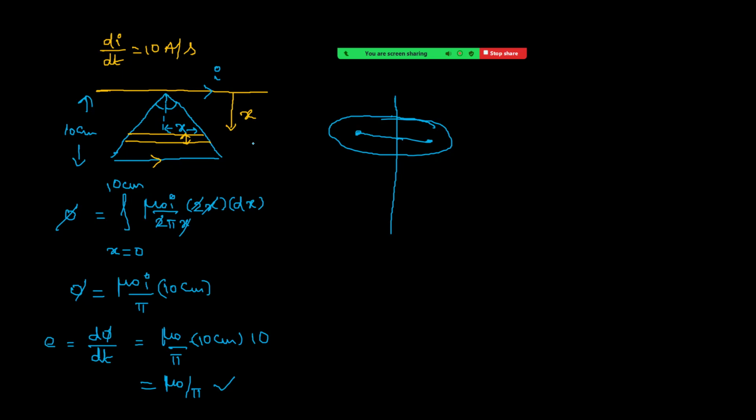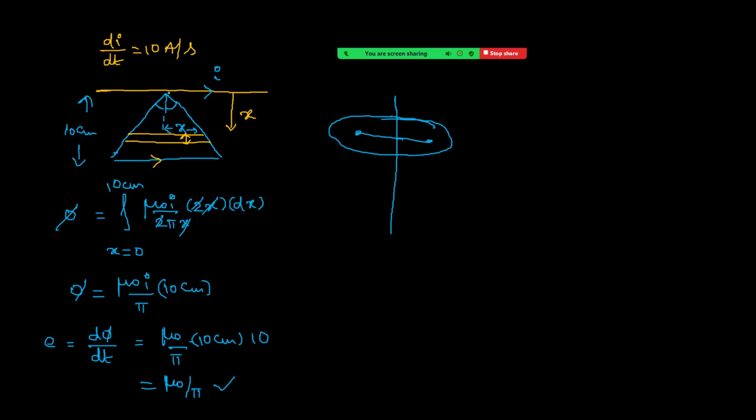There is a repulsive force between the wire and the loop. Then see what happens. How to verify this option? I think we can verify it like this. In this area, flux is increased.